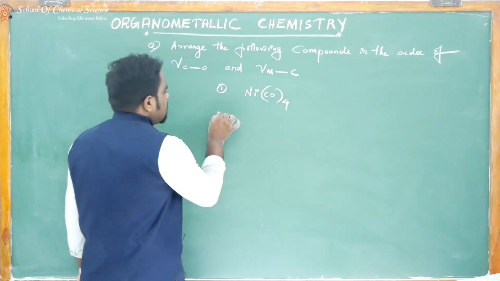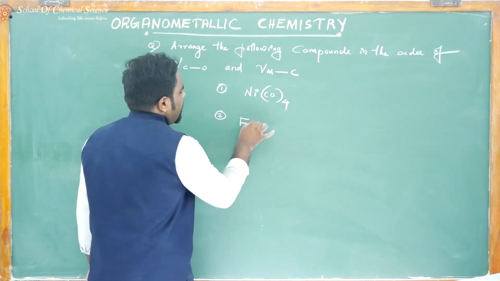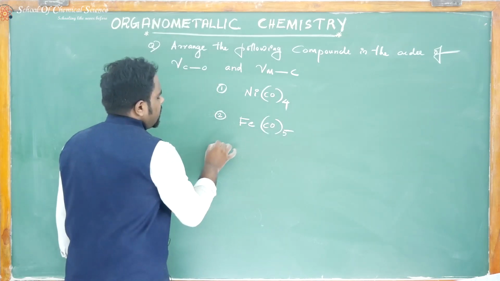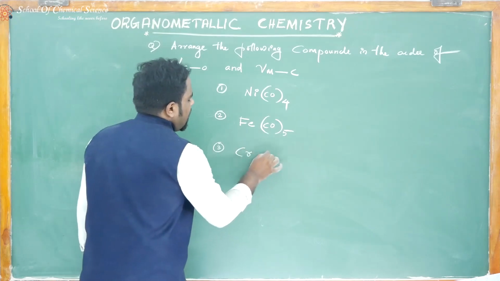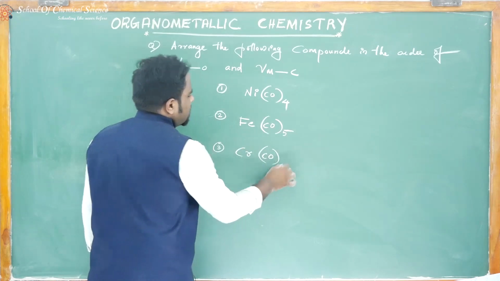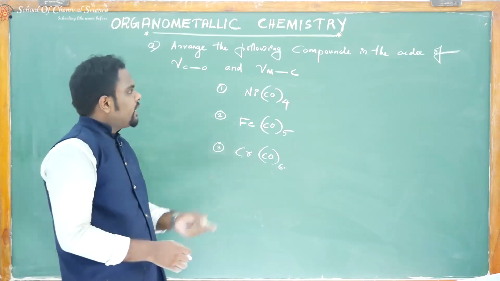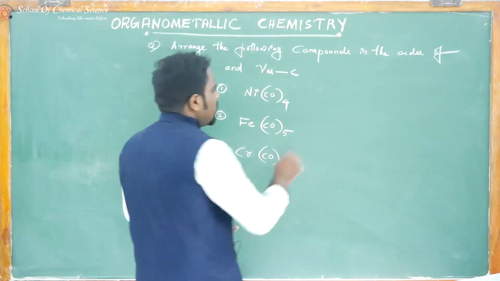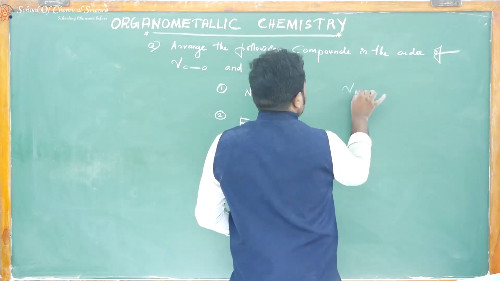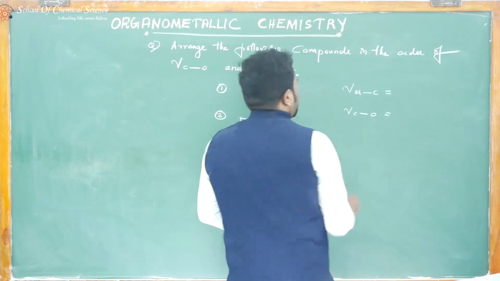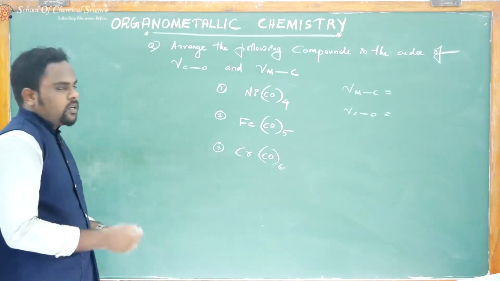Ni(CO)4, second one Fe(CO)5, third one Cr(CO)6. Arrange in the order of ν CO and ν MC: carbonyl stretching order and metal-carbon stretching order.